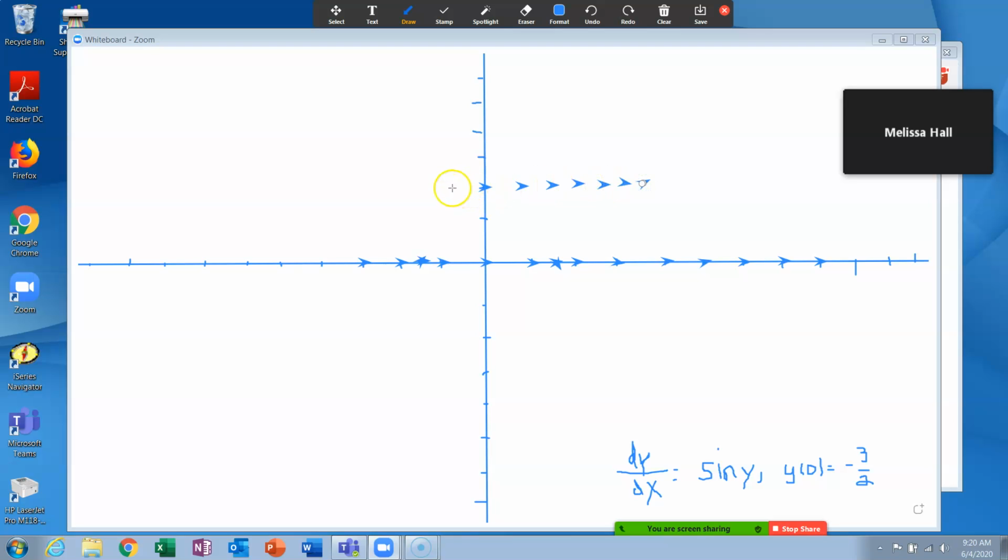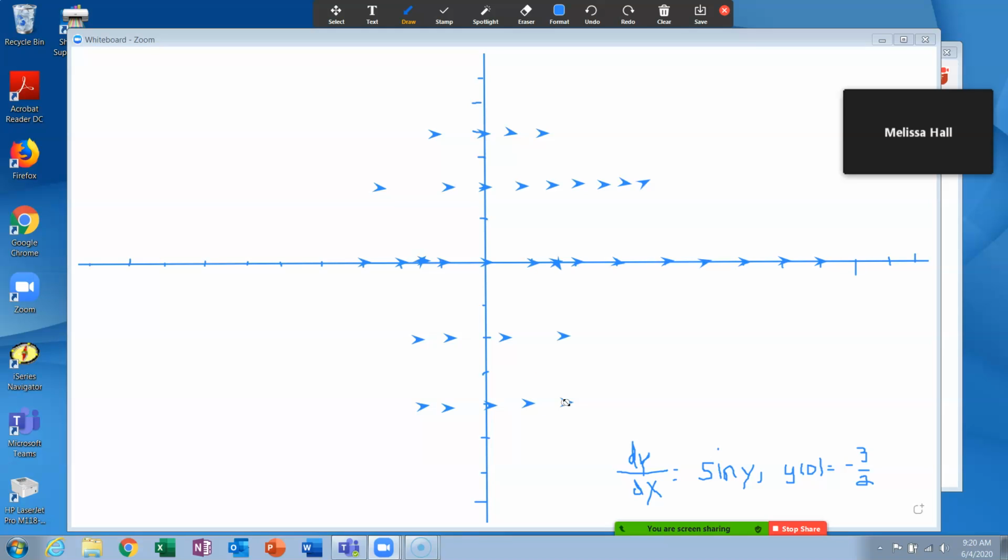Anywhere here where y is equal to pi or negative pi or negative 2 pi or any multiple of pi, these are all 0 slopes. Agreed? Your pi's, you're all horizontal slopes.